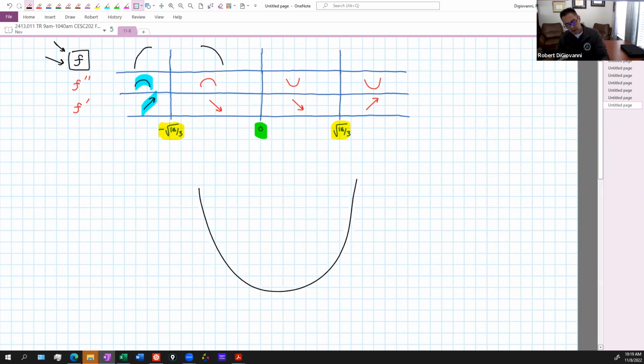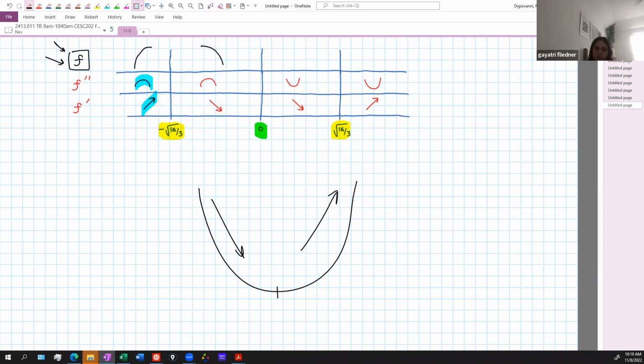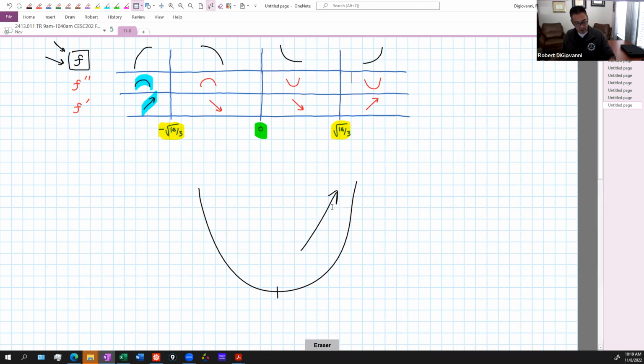So when you think about a smile, on the left-hand side, you go down, on the right-hand side, you go up, right? So the only way to be going down, but still be on the smile, is to be on which side? The left side. Left, yeah, so you gotta look like the left side of a smile. And then over here, you must be going up the smile, which means you must be going on the right-hand side. Does that make sense to you all? All right. We're getting there.